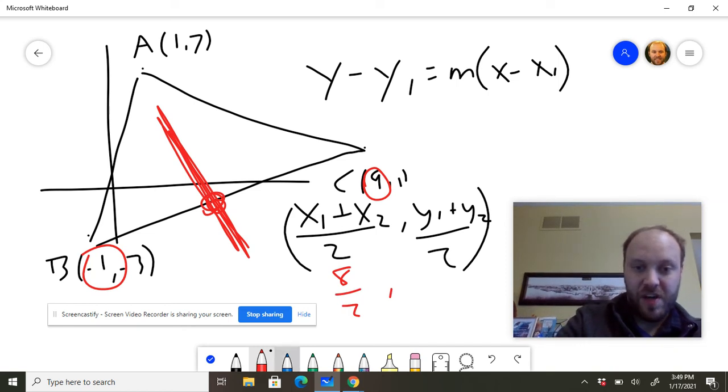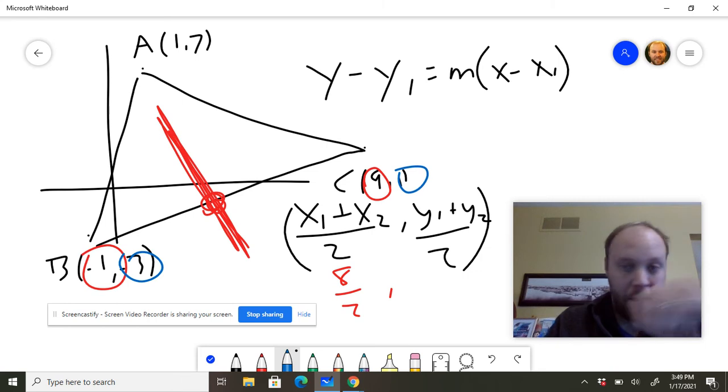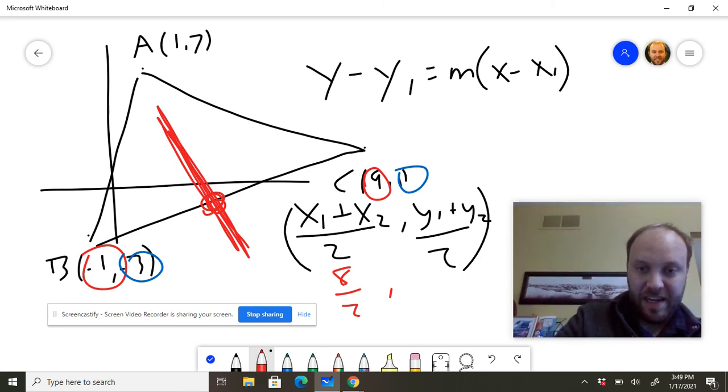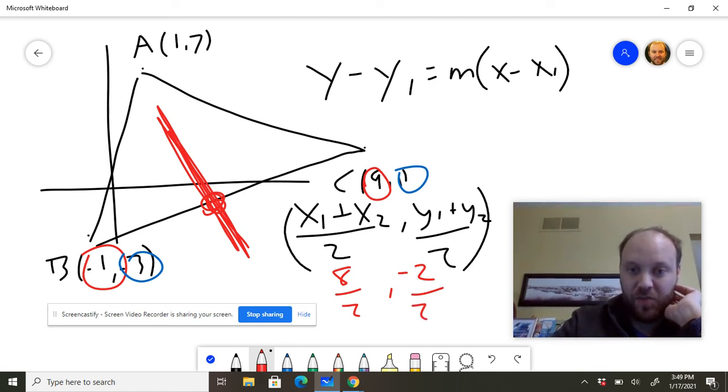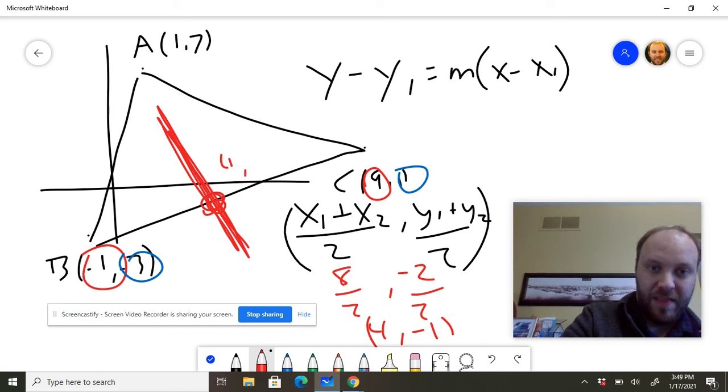Okay, the average of the y's, we have negative 3 being added to 1. Negative 3 plus 1 is negative 2. Negative 2 divided by 2 is negative 1. So that midpoint there is going to be the point 4 comma negative 1. Okay, that's our point right there. 4 comma negative 1.